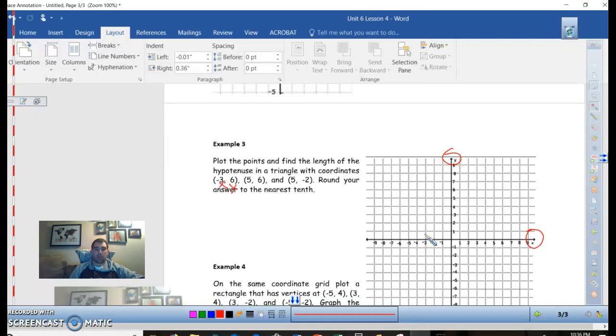That's our first one. 5, 6 is the other one. And our last one is 5, -2. So we have our triangle.